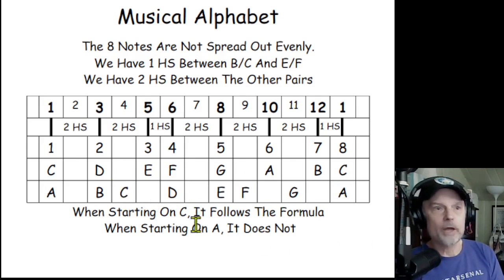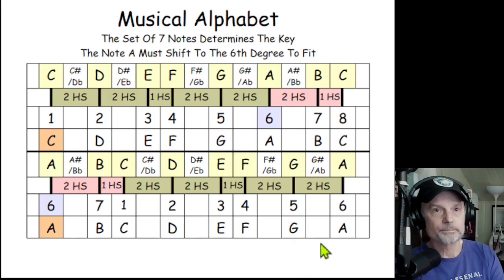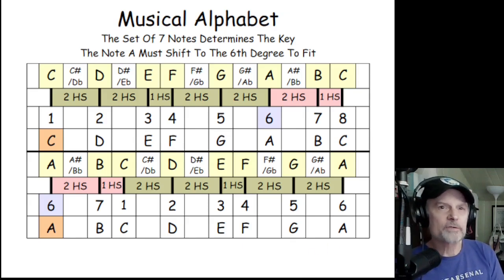When we start on the note C, the spacing of the natural notes follows the major scale formula. But when we start on the note A, it does not follow the major scale formula. The set of 7 notes is what determines the key, regardless of what note we start on. So both scales are in the same key.